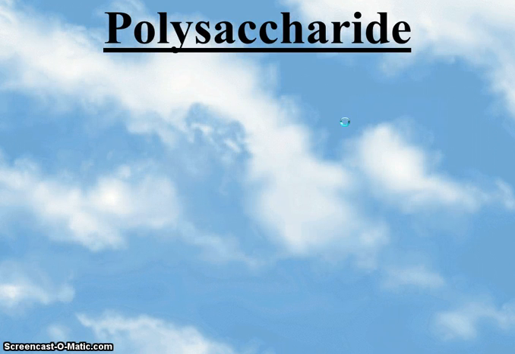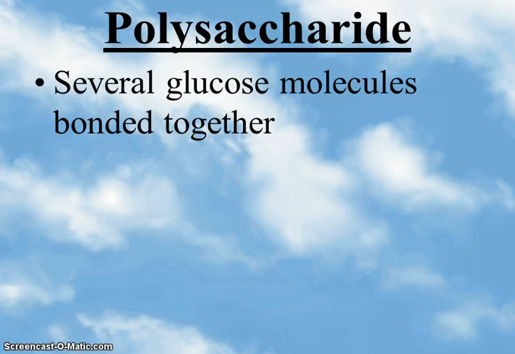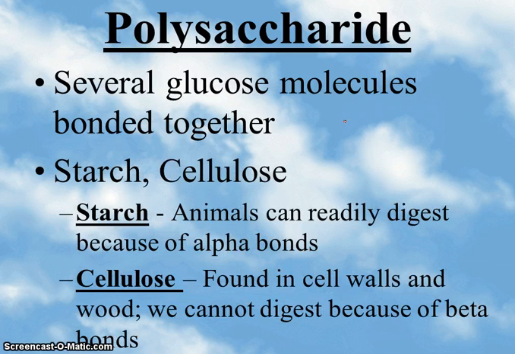Now, polysaccharides, is when we have many glucose molecules bonded together. They are very complex carbohydrates, and we have two types: starch and cellulose. Now, there are two main types of glucose. There is an alpha glucose, and there is a beta glucose.